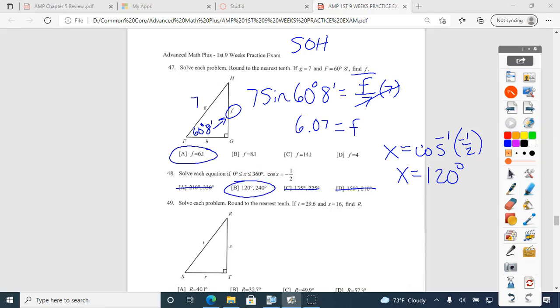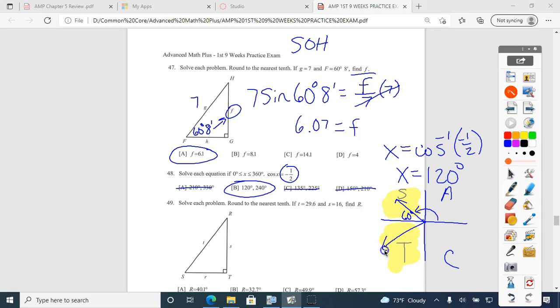Now, they're getting the 240 because of the all-star trig class rule. Remember, this shows where your angles are positive. If you notice, my cosine was negative, so I knew my answer had to be in quadrant 2 and quadrant 3. 120 is a 60-degree reference angle.